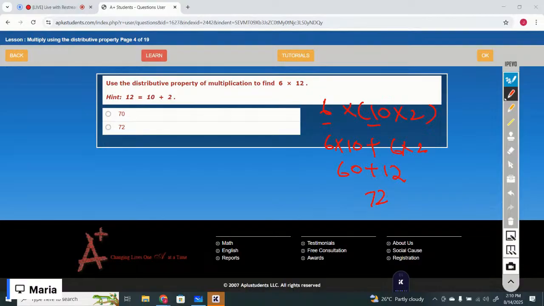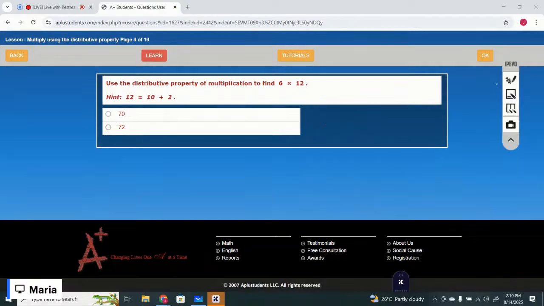So 6 times 10 plus 6 times 3. So 60 plus 18 equals 78. Option number 2 is the correct option.